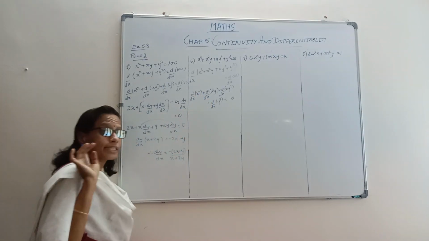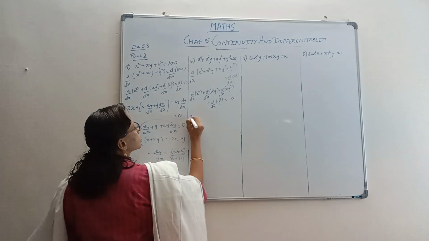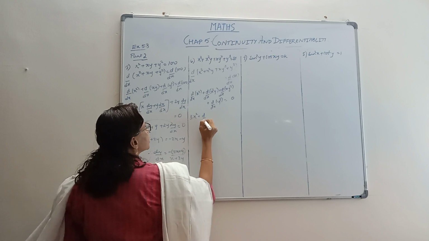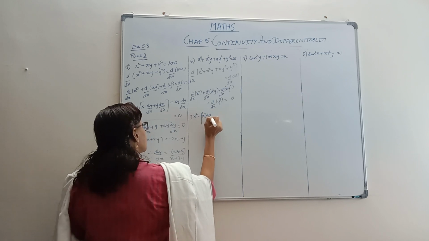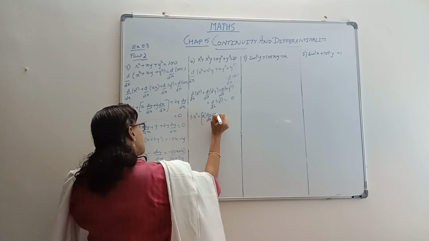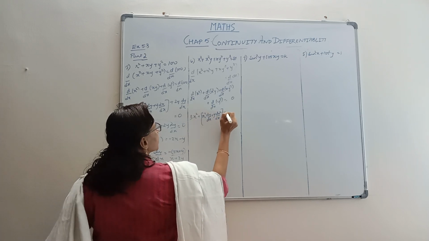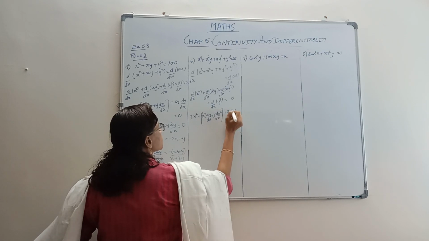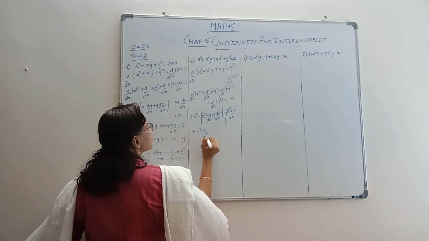Right? Now let's account for all this. The derivative of x cubed we know by the formula n x raised to n minus 1. It is going to be 3x squared. This is a product. So it is x squared times dy by dx plus y times the derivative of x squared with respect to x. Again here, x times the derivative of y squared with respect to x plus y squared times the derivative of x with respect to x.